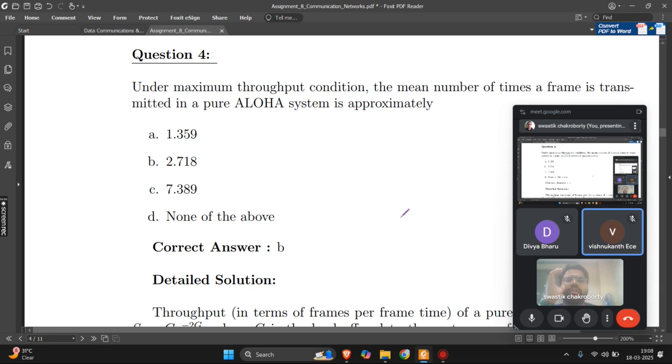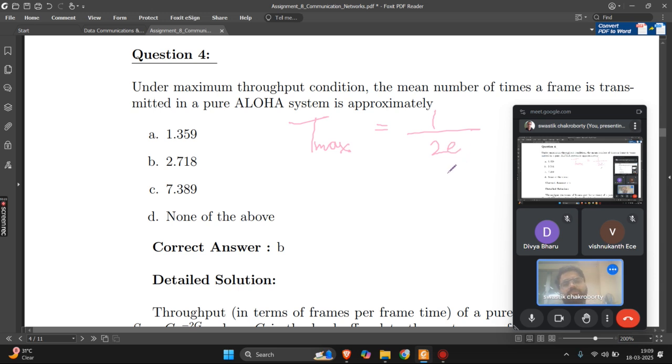Okay. Next, under maximum throughput condition, the mean number of times a frame is transmitted in a pure ALOHA system. Under maximum throughput condition for pure ALOHA, we learned that Tmax is equal to 1 over 2e.